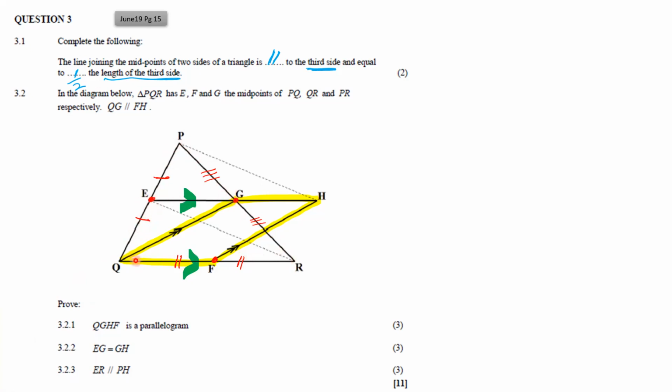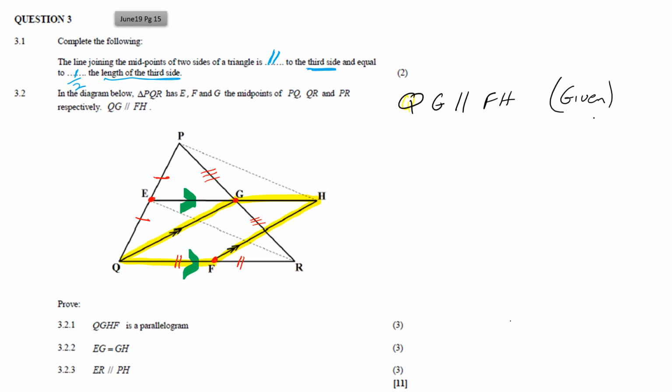If E and G are midpoints in triangle PQR, then it means that EG is parallel to QR, and it also means that EG is half of PR. But the one that I'm going to use to write this out now for you is to say, right, the first thing we know, I'm changing my color, we know that QG is parallel to FH, and the reason was given.